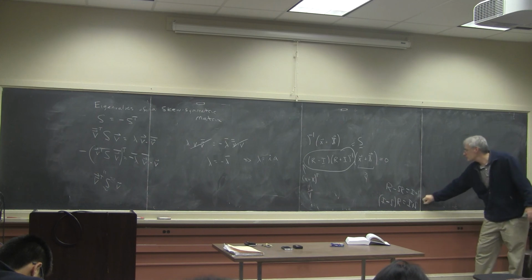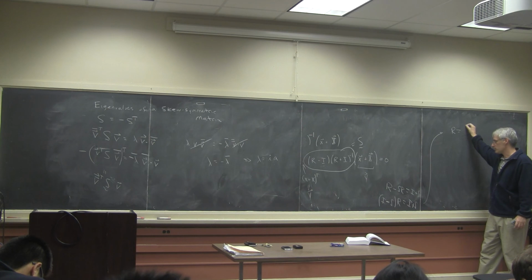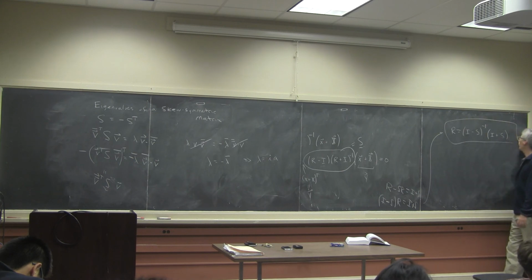And if we invert this matrix, what we get is that R is equal to, inverting on the left side, I minus S inverse times I plus S. And this is Cayley's formula for rotation.